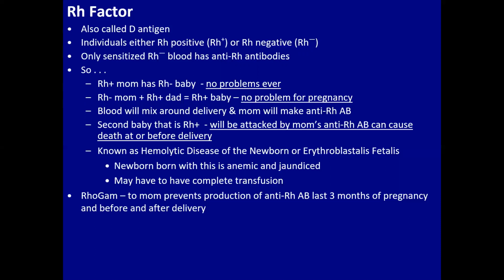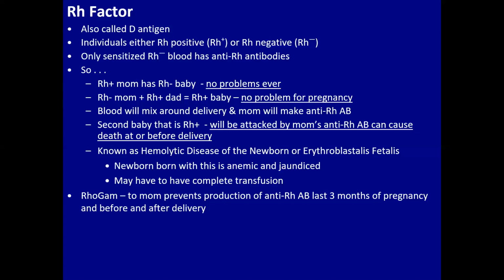So there's nothing for her to be exposed to. She never will have any problems. But if there is an Rh negative mom and an Rh positive dad, and they have an Rh positive baby, that baby is fine. Okay?